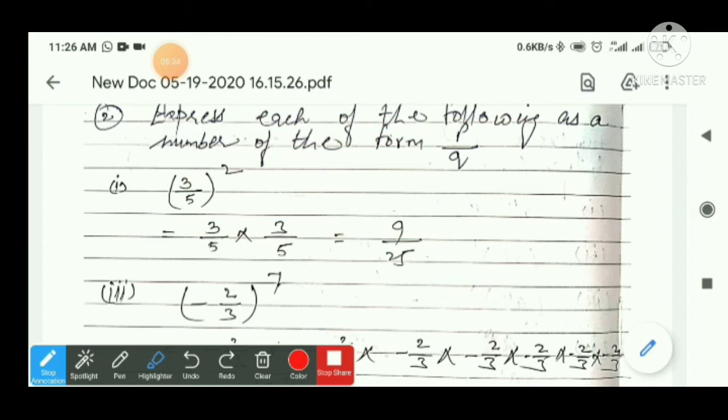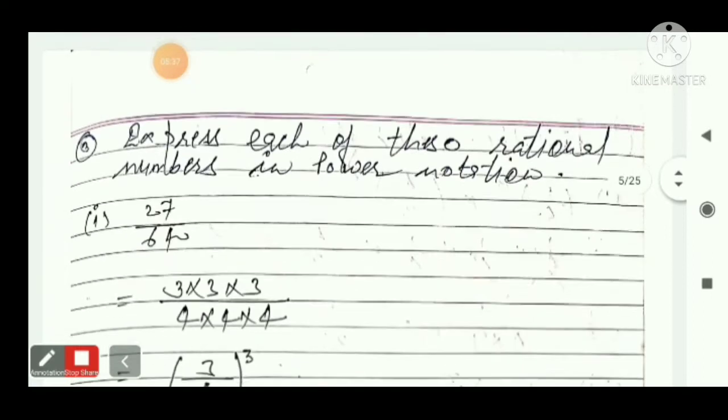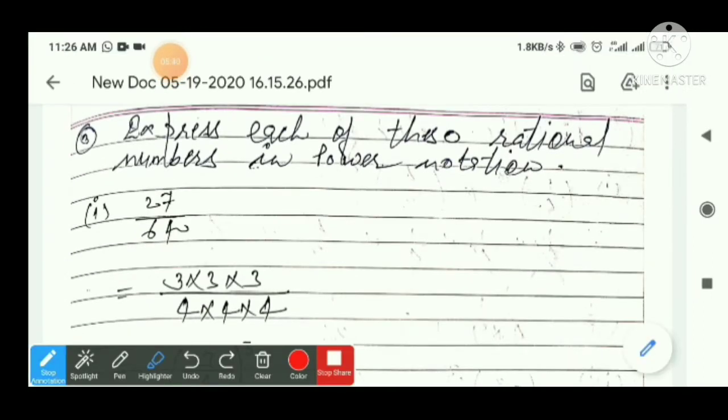Okay. Please look at the next question, question number 3. Express each of these rational numbers in power notation. The first one is 27 upon 64.